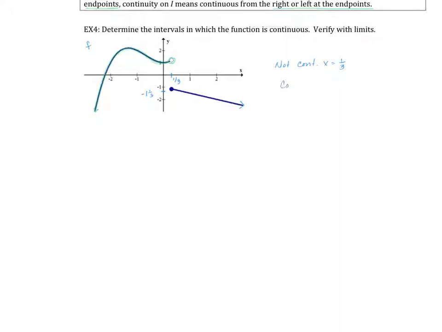And I could see by looking at the graph that it's going to be continuous on these intervals from negative infinity to 1/3 with a parenthesis because there was this open circle here. And then when I look at the next piece, this is solid and then clearly continuous.